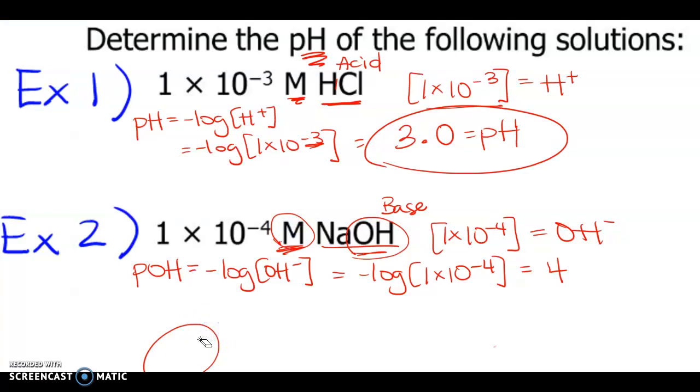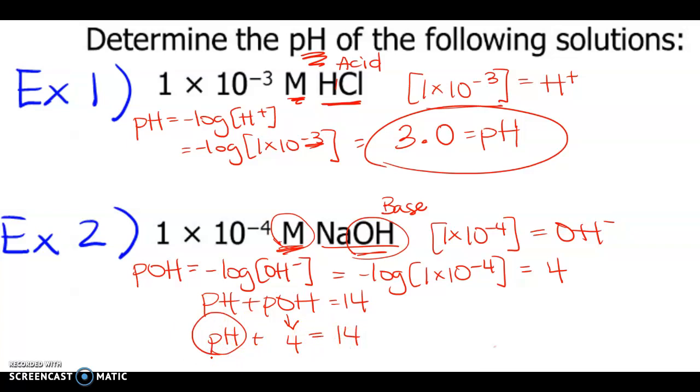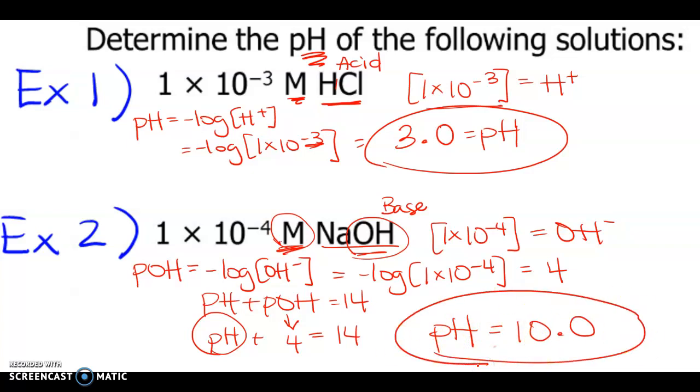So we are going to use pH plus pOH equals 14. If I know that pOH was 4, and I'm trying to find pH, and together they equal 14, then pH would have to be 10. So the answer for this problem is pH equals 10. And that is how you calculate pH problems.